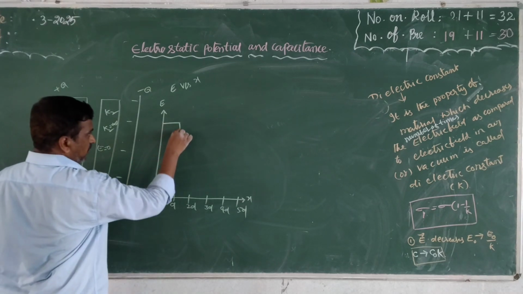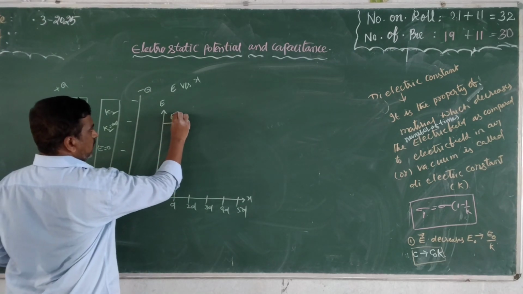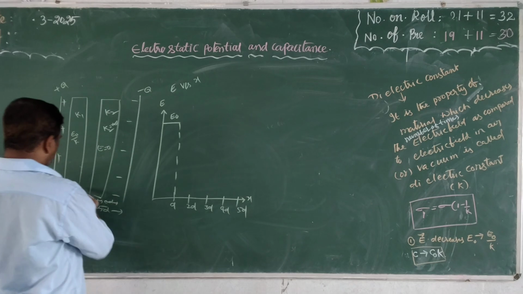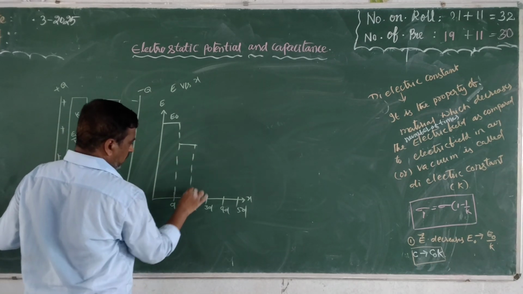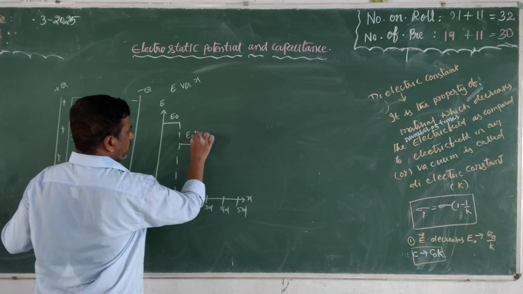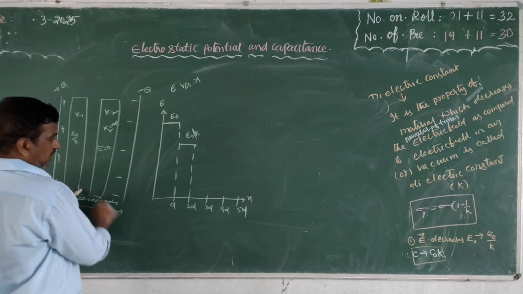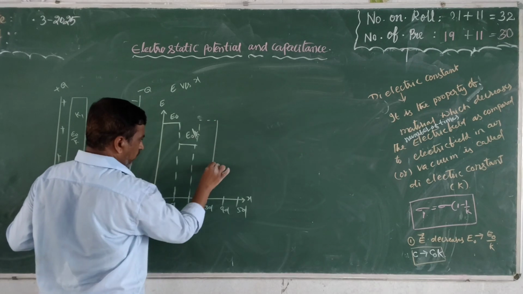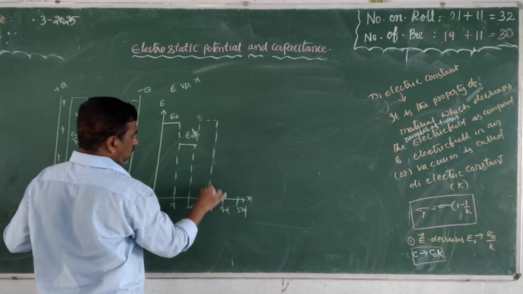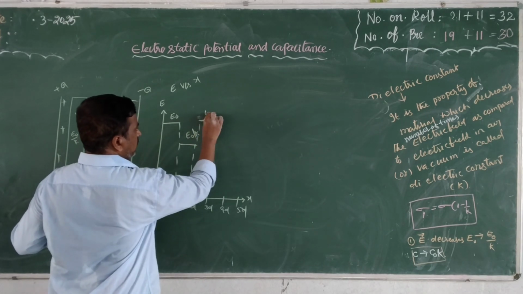What is the electric field? Maximum, E naught. Next, the dielectric is there, so the field is E naught by k, somewhat decreased. Then again empty space, meaning air medium, so the electric field is maximum again, E naught.